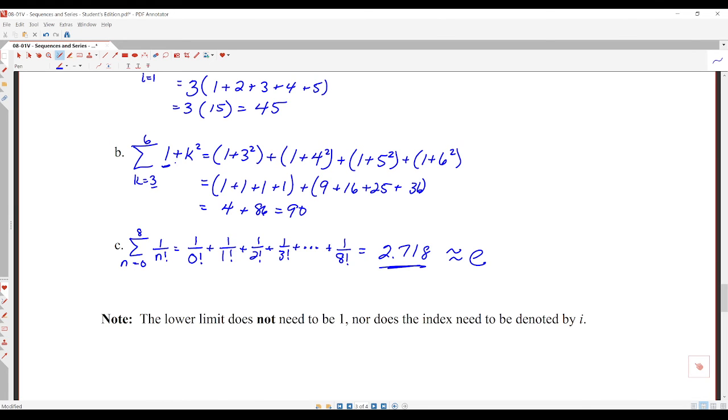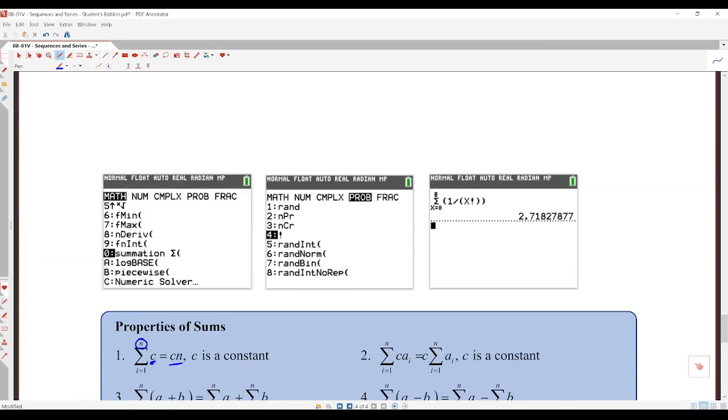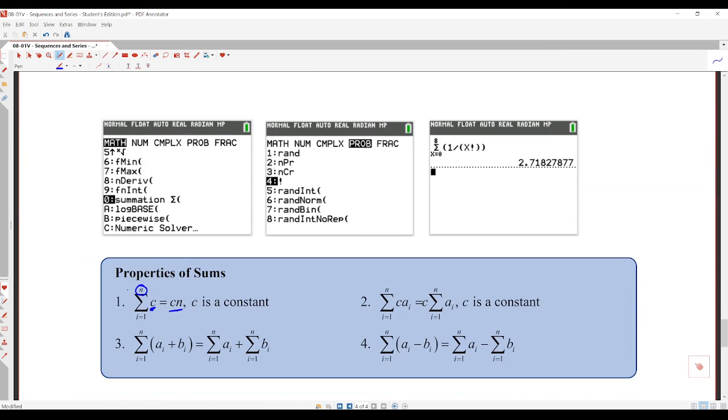Okay, so the sum of a constant is always just going to be that constant times however many terms there are. Okay, if you want just a quick example, the sum from i equals 1 to 5, that would be 5 terms, of just, let's say, something like 3, is just going to be 3 times 5, or 15.